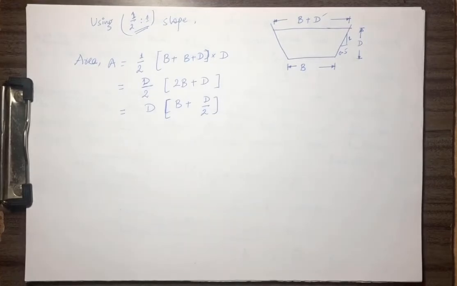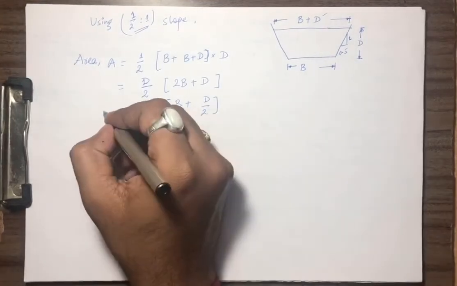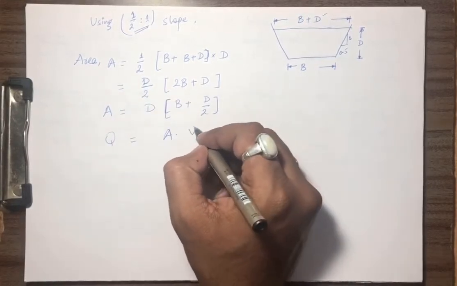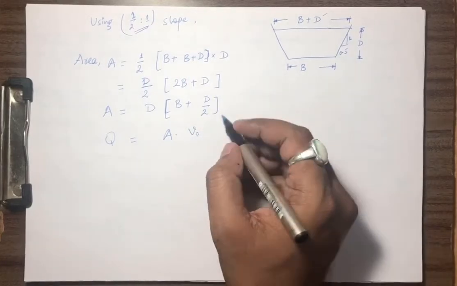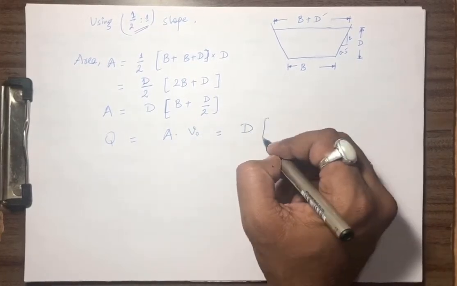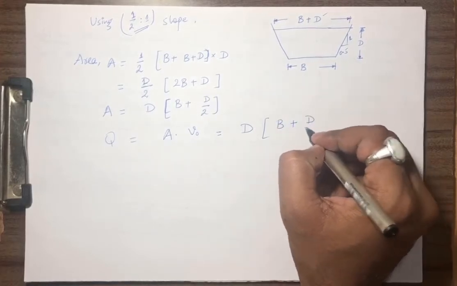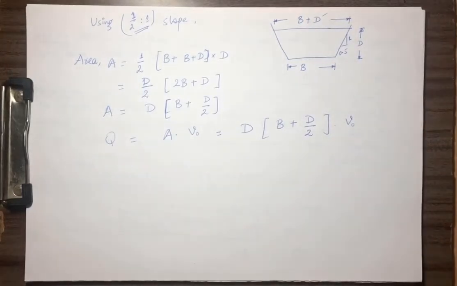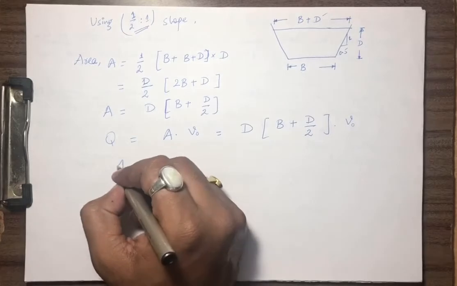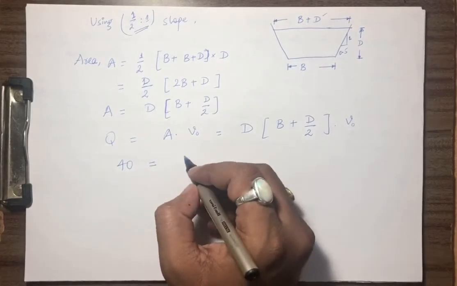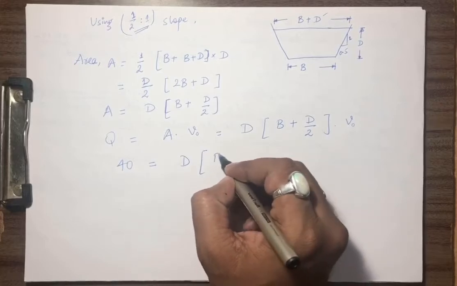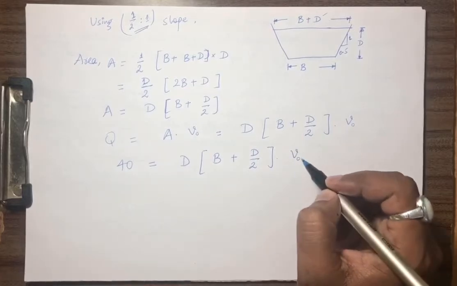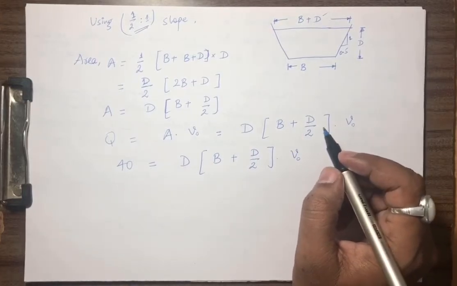So this is the area, and discharge is A into V naught, velocity. So this is D multiplied by B plus D by 2 into V naught. Okay, so this Q is given as 40.